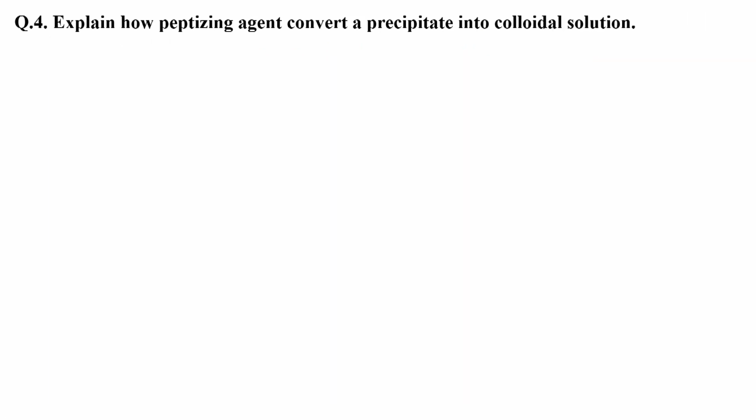Next we move to problem number 4. It says, explain how a peptizing agent converts a precipitate into a colloidal solution. Okay, this also we discussed.